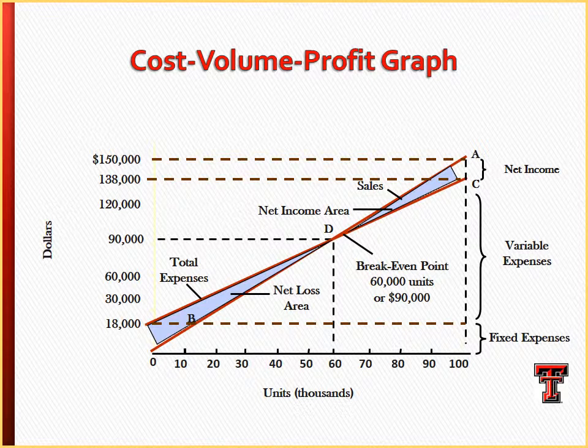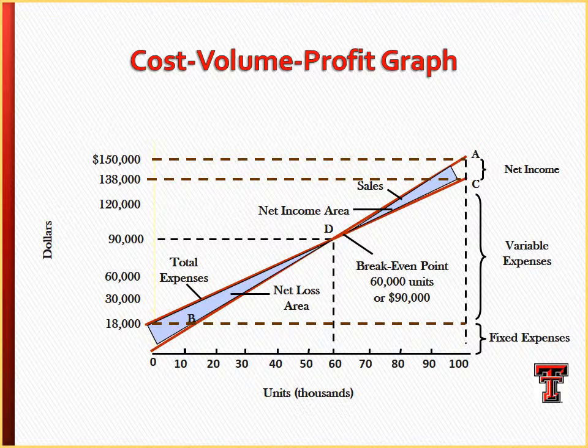What's been added to this analysis is the revenue line, noted in this slide as sales. At the very bottom of the graph, at 0 units produced and sold, clearly revenue is 0. But from that point forward, for each additional unit produced and sold, total sales increase, total revenue increases.